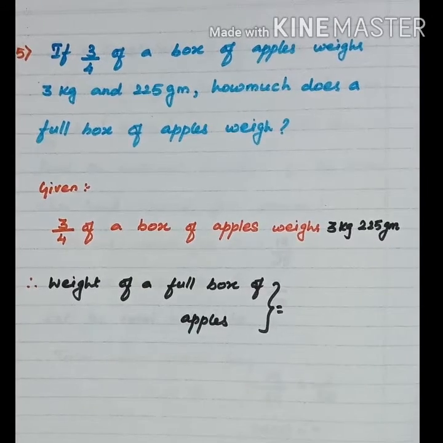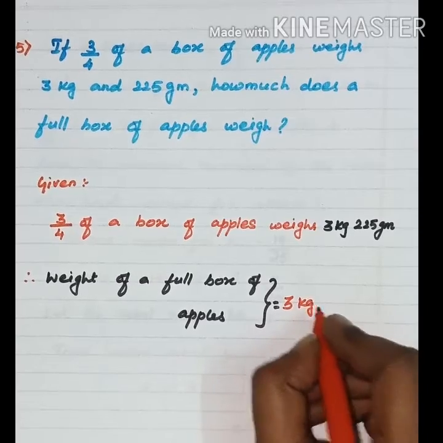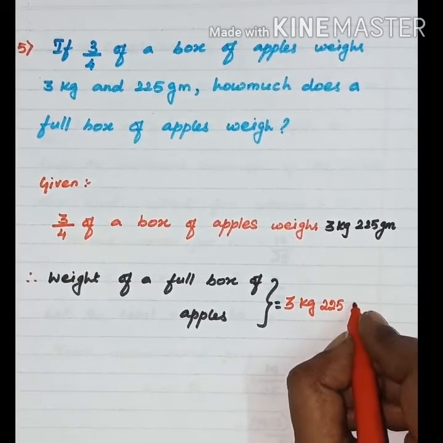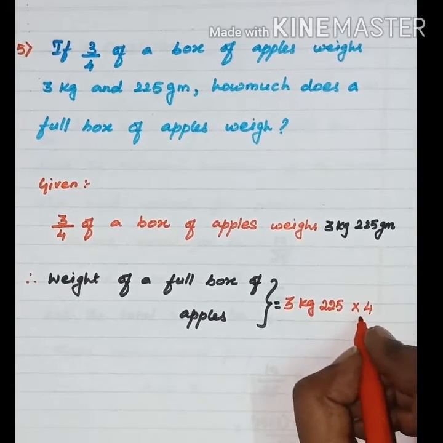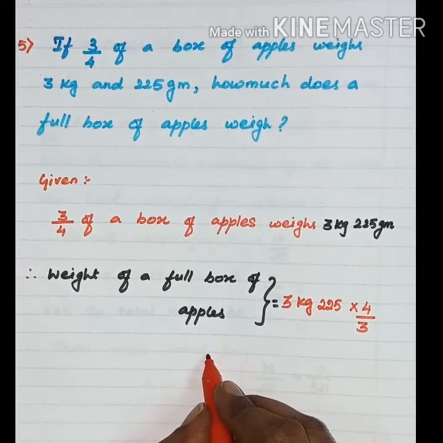we have to multiply 3 kg 225 into 4 by 3.